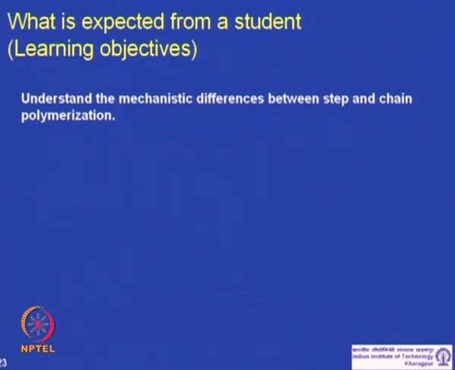If I stop a reaction after some conversion, what do you expect in the polymerization medium, how do the molecules build up with time, and so on. What are the functional groups you require for step polymers or chain polymers, and so on.